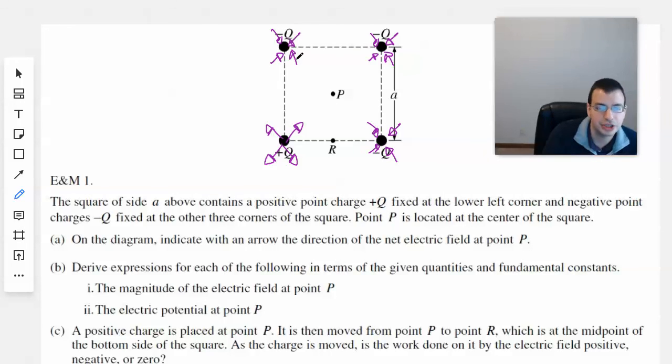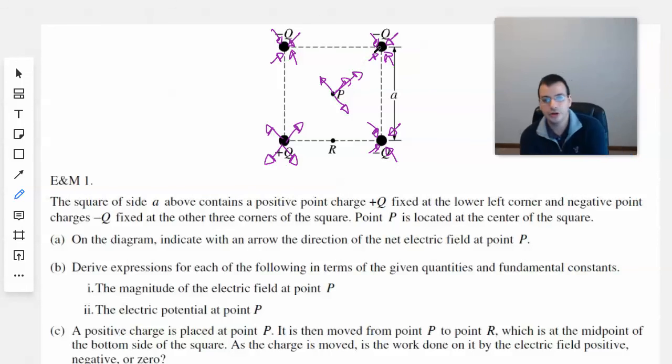So for this, we're going to extend this one, we'll go towards there. This Q would go there. This Q, if we extended that arrow, would go that way. And the negative Q would go towards the negative Q.